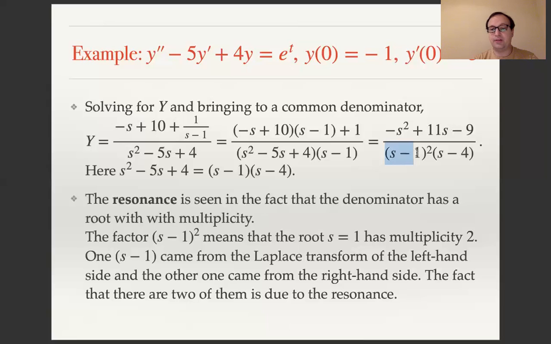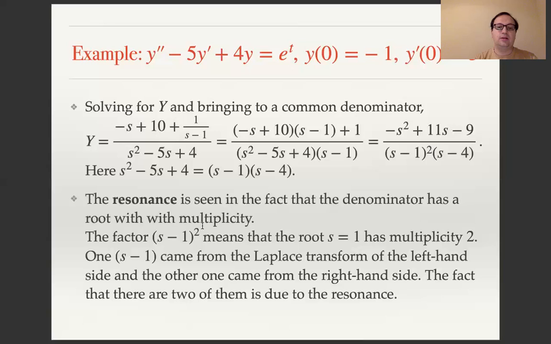The factor s minus 1 squared shows that there is a resonance, because the root s equal 1 of the polynomial s minus 1 squared times s minus 4 has multiplicity 2. So the square shows that we have multiplicity, and the multiplicity shows that we have resonance.